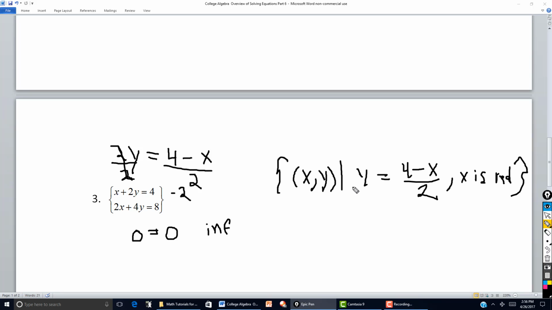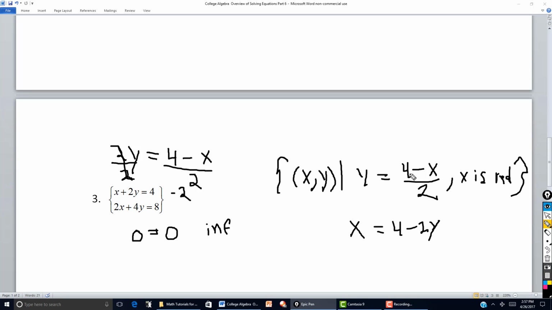Now I solved it for y in terms of x. I could have solved it for x in terms of y. That would also work. So in other words, I could take the first one, solve it for x. X is equal to 4 minus 2y.